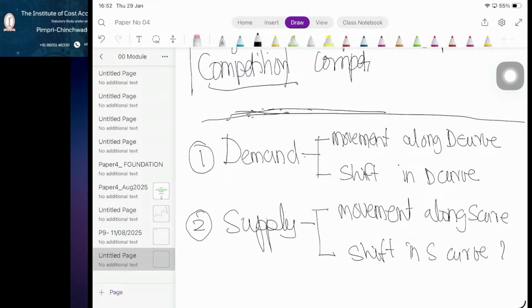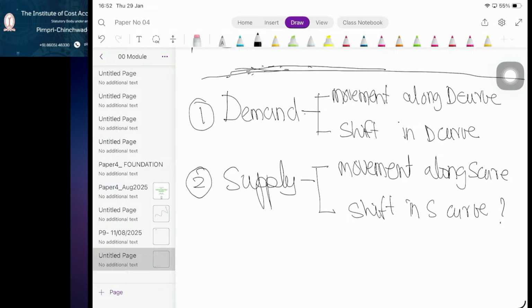That is a small topic, but I want to do it now. Then we saw market structure.